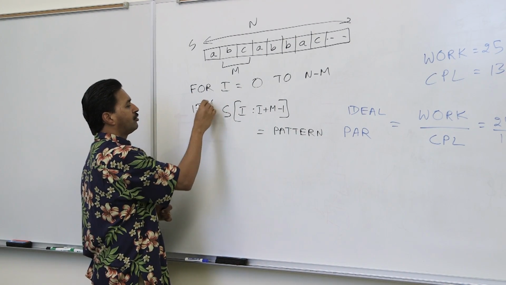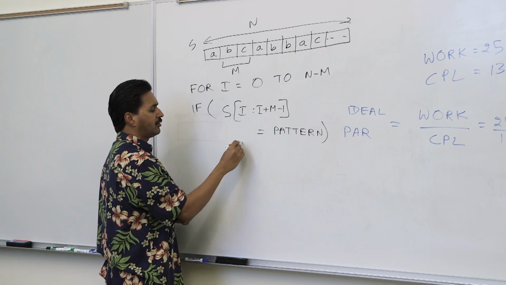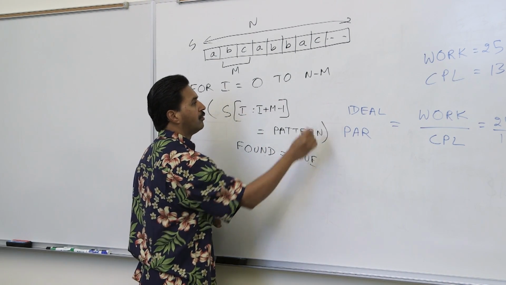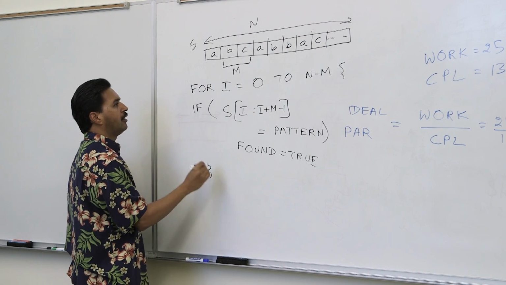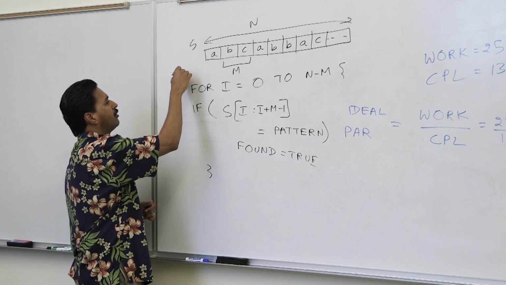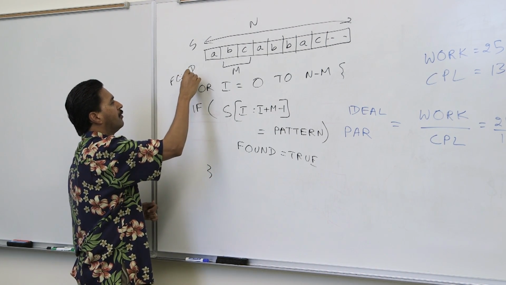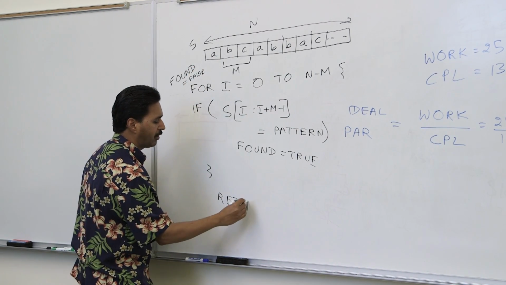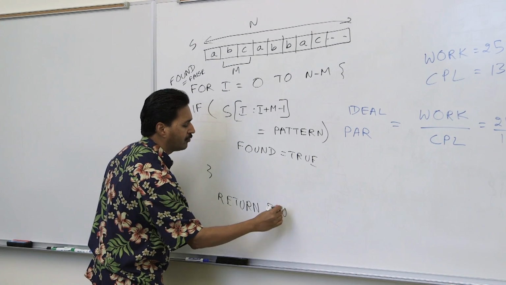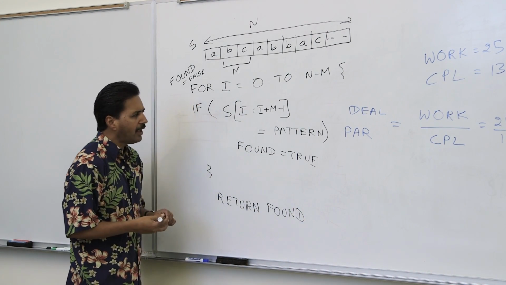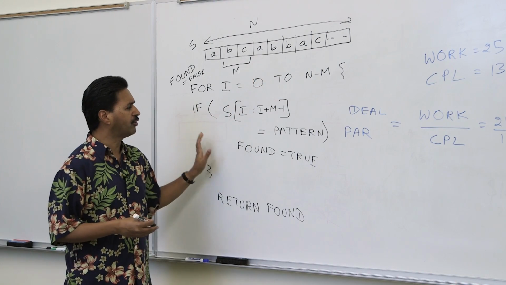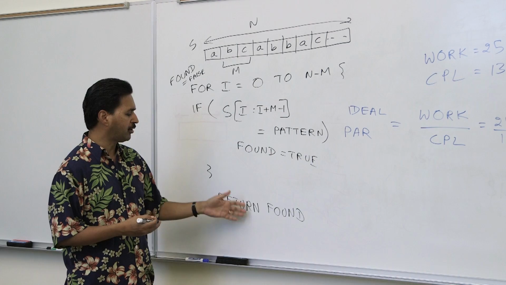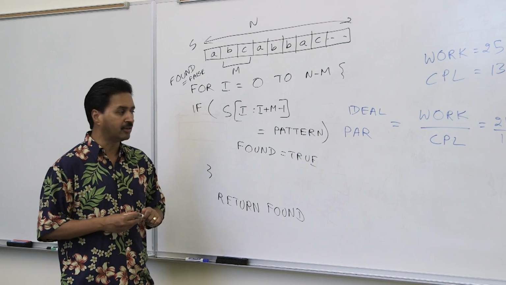And if this condition is true, we would normally set a Boolean variable like found to true. And let's assume that found was false in the beginning. And now we can return the value of found to let us know if an occurrence was found. And notice this works even if there are multiple occurrences of the pattern. We're just going to go through the whole string, and we might assign found equals true multiple times, but we'll return true if there's at least one occurrence.